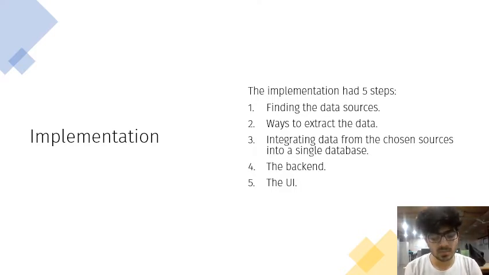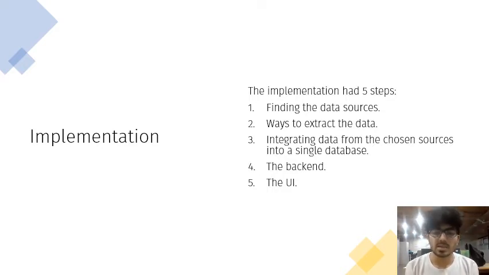The second part is ways to extract data. Not all websites provide an API to just hand you over the database. Some websites hold an API, some don't. So accordingly, we have to scrape some websites according to their terms of service so that we don't violate them.